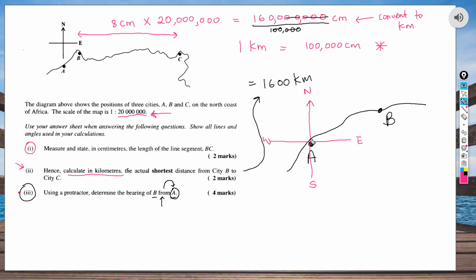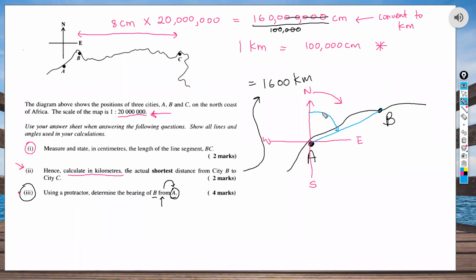So you always assume you're facing north and you're going to turn in a clockwise direction until you face point B. So this is what it will look like. You're standing at point A. This is the line to go to B, right? You're trying to get this angle here. You face north, turn until you are in line with B. So you're going to use your protractor to measure this angle.